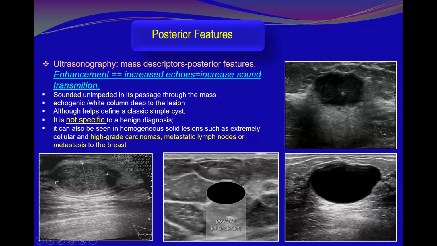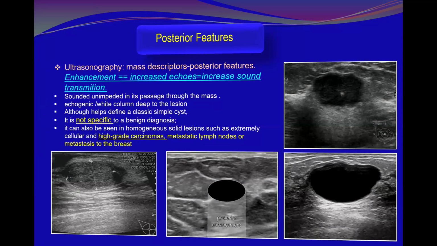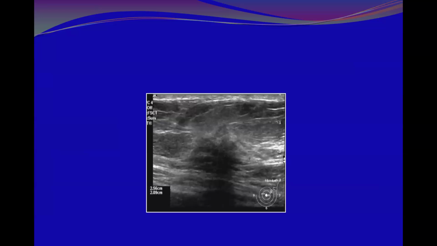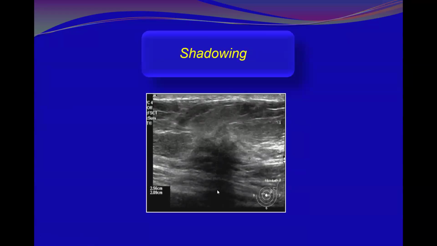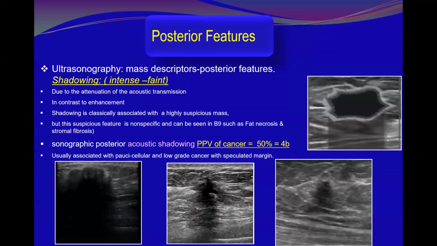But if there are any associated indeterminate or suspicious features, we have to go for biopsy. What about this here? I can see a column of black or dark echogenicity posterior to the lesion, in a case of posterior shadowing or acoustic shadowing, okay?